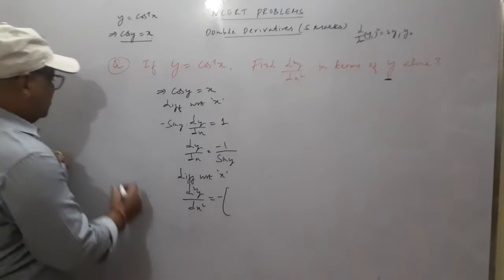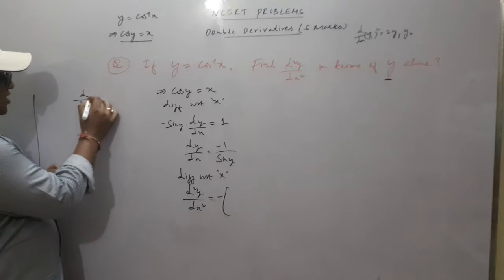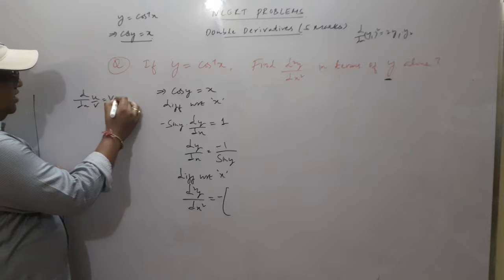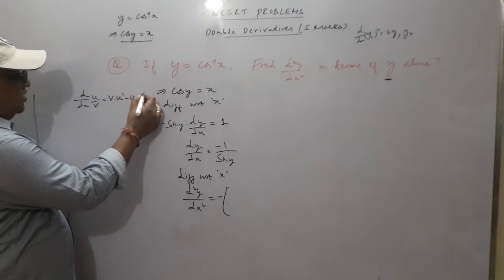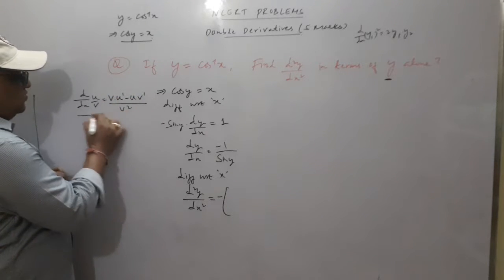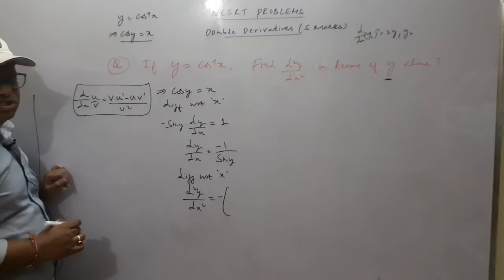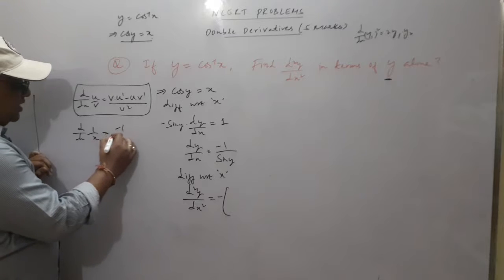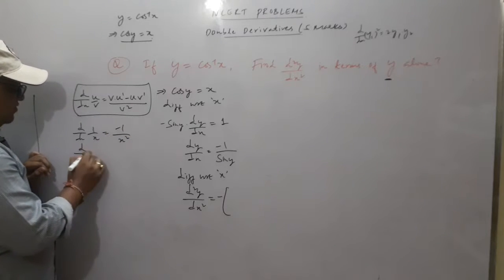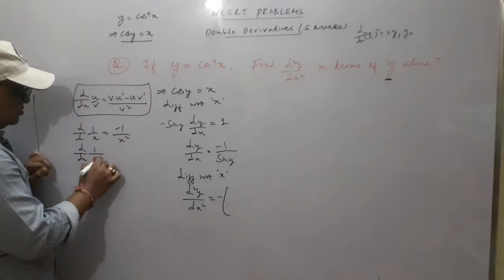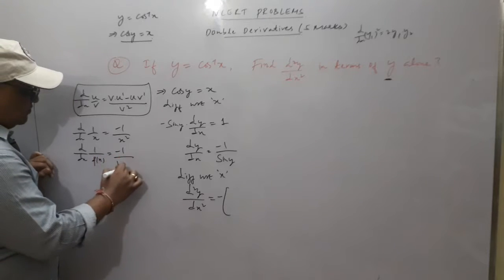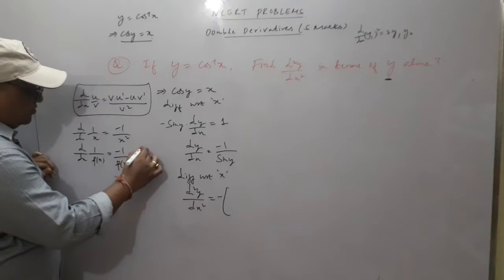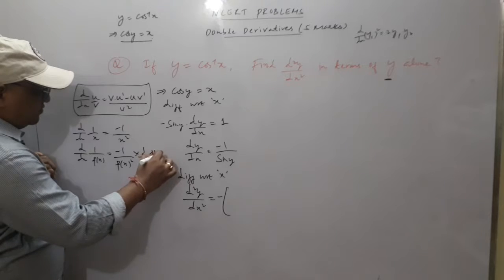So what is the quotient rule? d by dx of u by v is equal to v u dash minus u v dash divided by v square. This is the quotient rule. And what is that d by dx of 1 by x rule? Minus 1 by x square. Whenever we have a function, it is minus 1 by function square into d by dx of function.